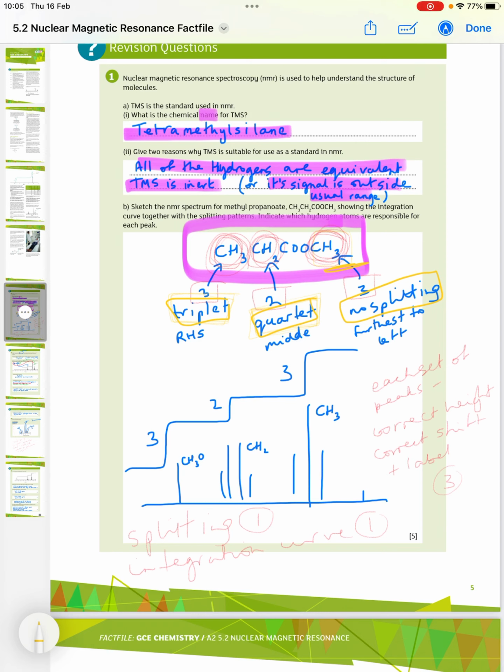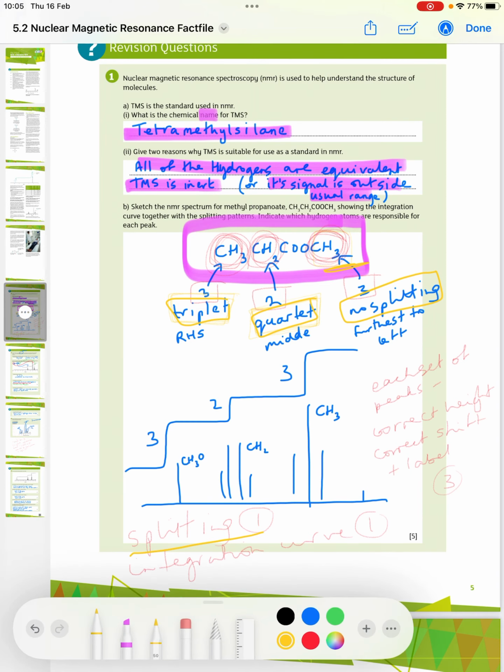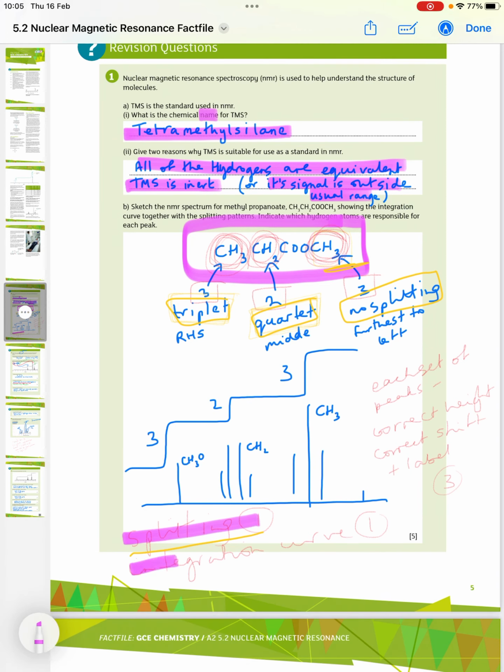So the way this is marked, you're going to get 1 mark for the correct splitting, 1 mark for the integration curve being correct, and then the other marks are for each set of peaks having the correct height, the correct shift, and being labelled. So I think the easiest bit is the splitting, and then the size of the integration curve. So I've drawn it here, I've got 3, 2, 3 on there. But the hardest bit is getting the peaks in the right order.